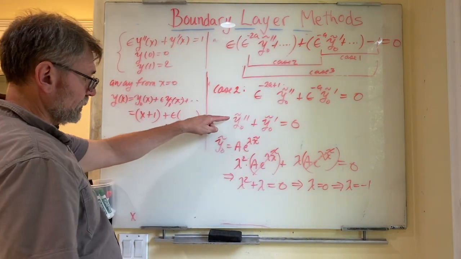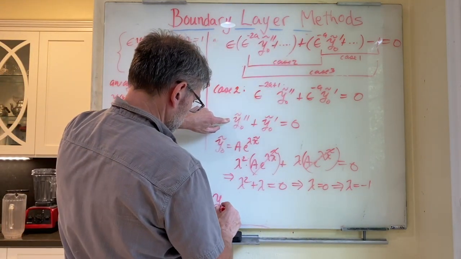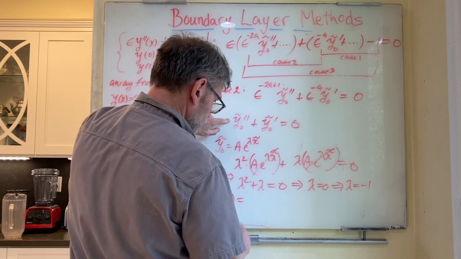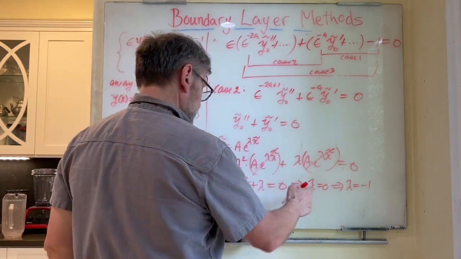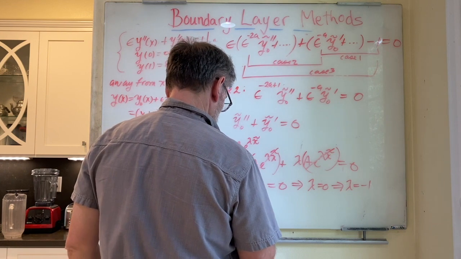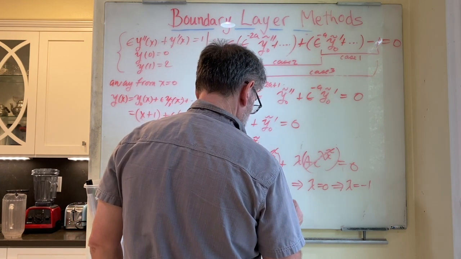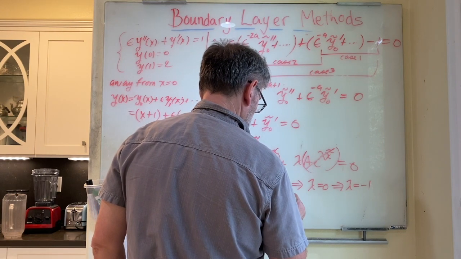So the solution to the first order problem is y naught tilde of x tilde is equal to, if lambda is 0, that's just a constant. So we have c1 plus c2 e to the minus x tilde.